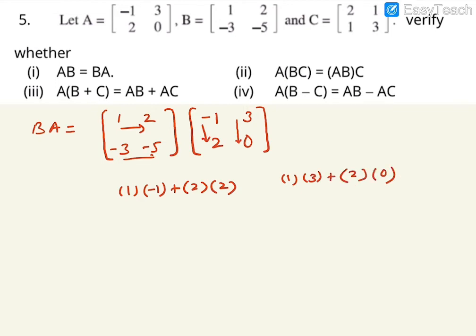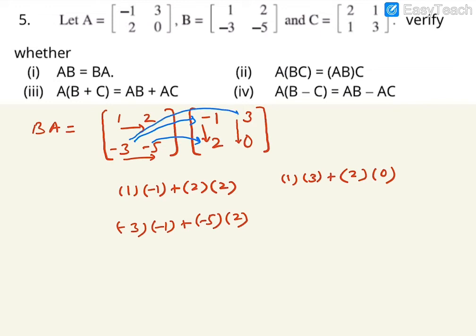Now we are multiplying the second row, so we need to shift to the second row, minus 3 with first column, minus 1, plus minus 5 with 2. You can see what I am doing, minus 3 with minus 1 and minus 5 with 2.